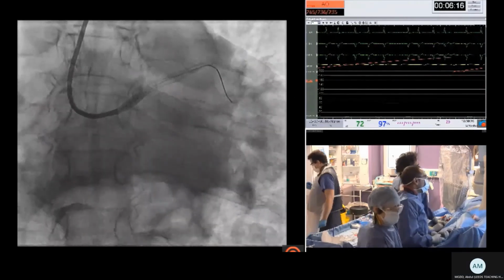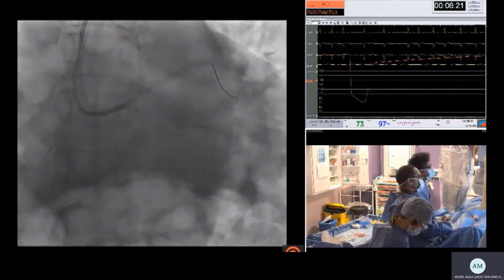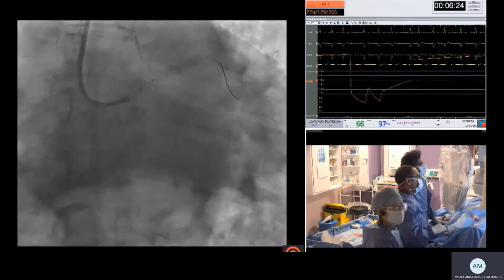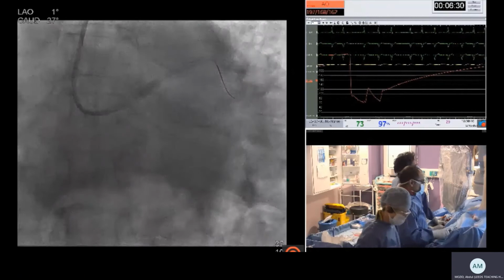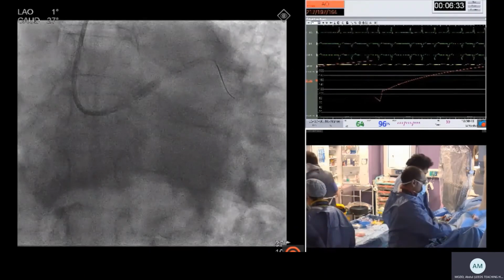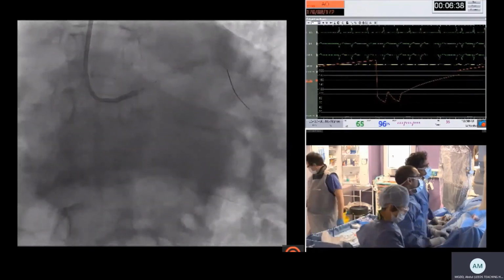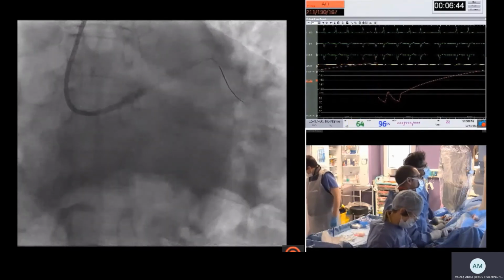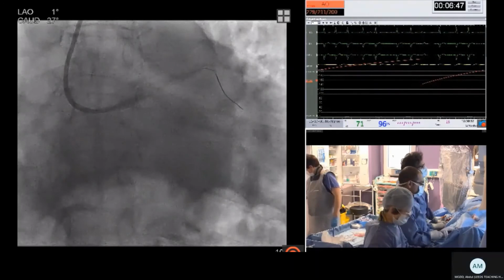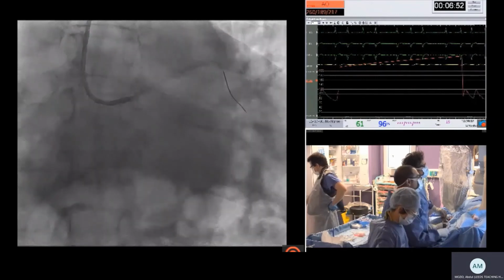It's important to do this in the caudal view to ensure that this is appropriately performed at the distal left main stem bifurcation and does not extend into the LAD. That's a 4.5mm NC balloon with appropriate proximal optimization.